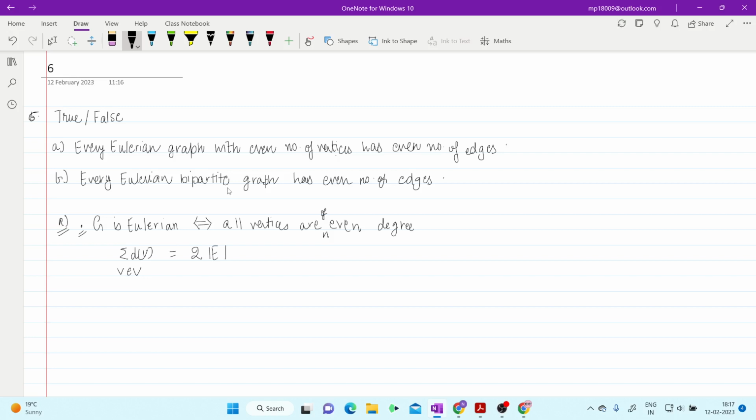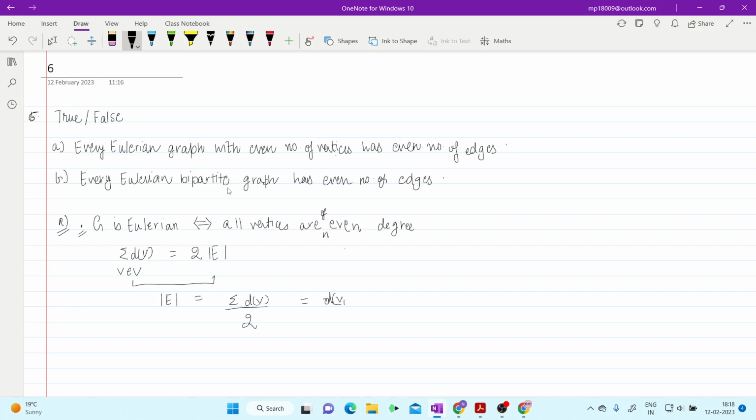Now the first statement is saying that every Eulerian graph with an even number of vertices has an even number of edges. From this formula, the number of edges will be the sum of all degrees divided by 2. Suppose this has an even number of vertices, say 2n.